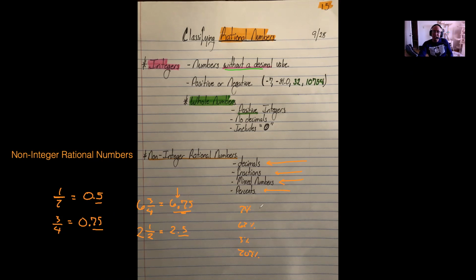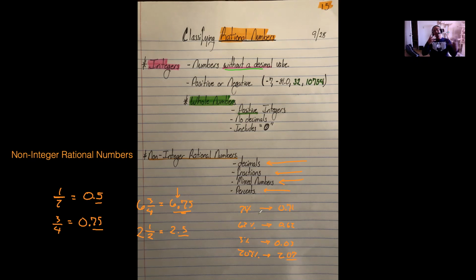Later on, I'll show you how to change percents into decimals, but 71% is the same thing as 71 hundredths. Again, it does have a decimal value. 62% is the same thing as 62 hundredths. Again, it has a decimal value. 3% is the same thing as 3 hundredths. Again, decimal value. 207% is the same thing as 2 and 7 hundredths. Again, it does have a decimal value.